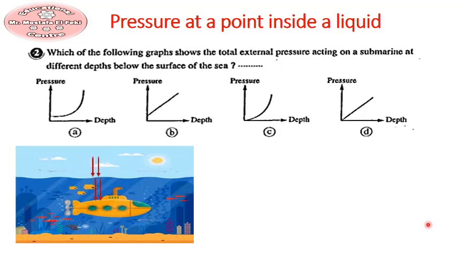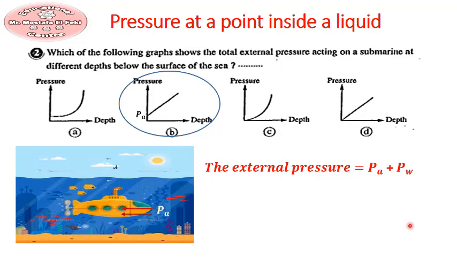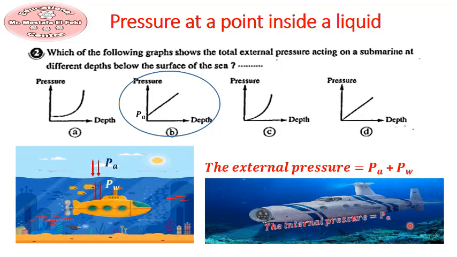So the total external pressure acting on the submarine is the atmospheric pressure plus the pressure of water, and internally it is exerted by PA, atmospheric pressure. So you must know that the submarine is exerted from external by the atmospheric pressure plus pressure of water, and from internal by the atmospheric pressure PA.